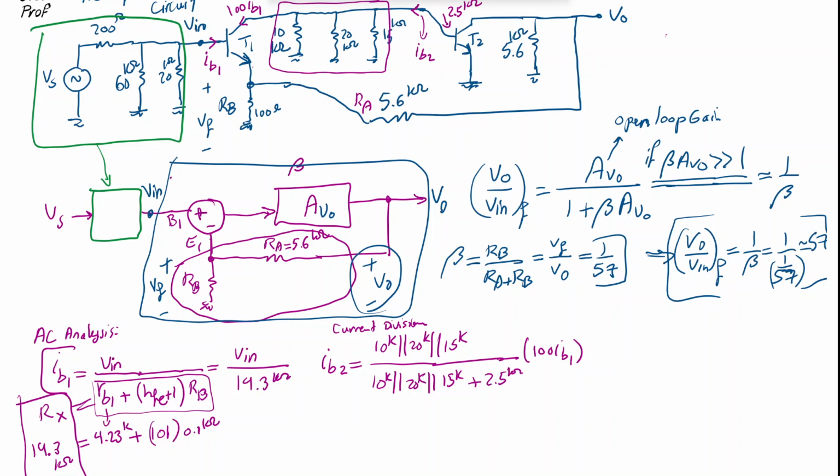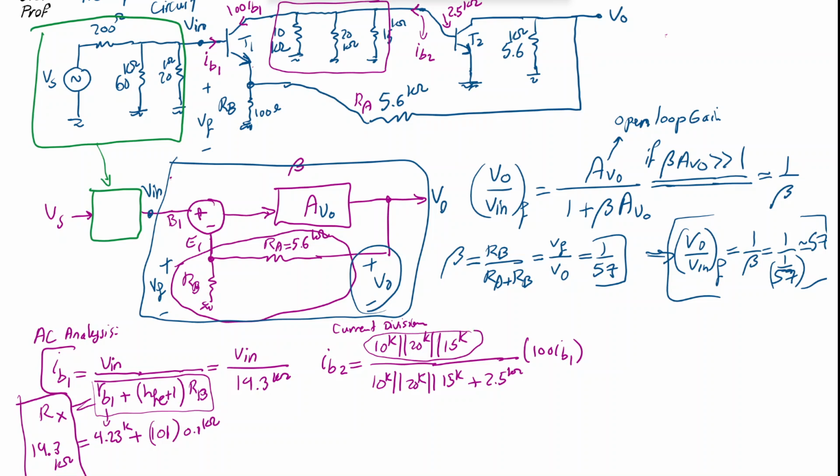And for that, we end up finding the value to be roughly on the order of, let me just make sure I'm not missing something, 15, 20, and then 10. So it will be 86 divided by 18.6, so we get about 4.6 kilo ohm for this.